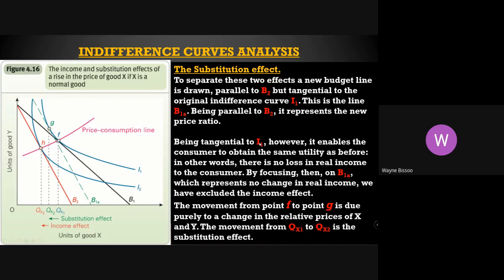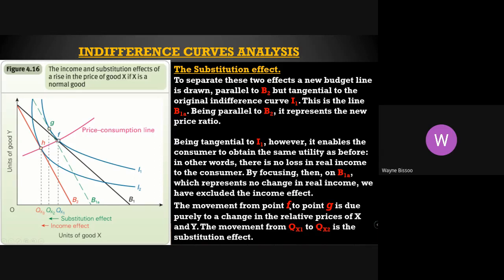Being tangential to I1 enables the consumer to obtain the same level of utility as before, because remember, they were on this indifference curve, so they want to stay here. In other words, there's no loss in real income to the consumer. By focusing on B1A, which represents no change in real income, we have excluded the income effect.